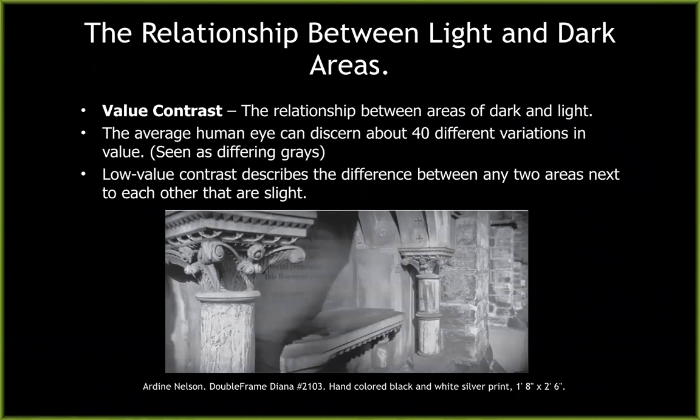The range here of light to dark is only apparent when you have the correct lighting, the correct exposure, and you're using the right kind of film. So you don't just walk into a place and snap your camera and get this kind of photograph. You have to create it, and that's why photographers are who they are. They look at all of these things when they're composing their photographs.